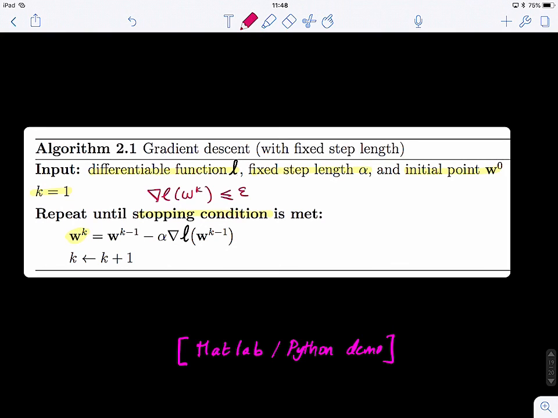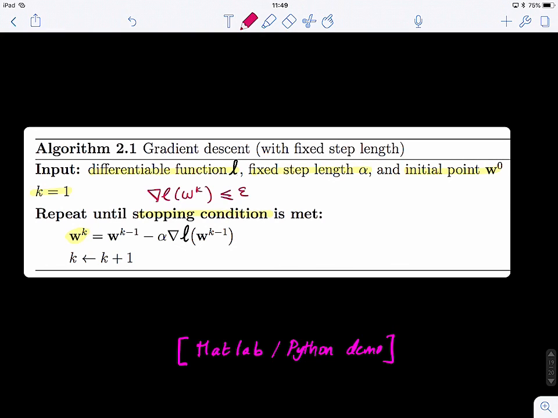Great. Now I'm going to give you a demo. This is from the book Machine Learning Refined by Jeremy Watts and colleagues. I will send you the GitHub link so you can have access to all chapters. And also you can have access to all codes in MATLAB, Python 2, and Python 3. There is an implementation of the convex gradient descent algorithm.